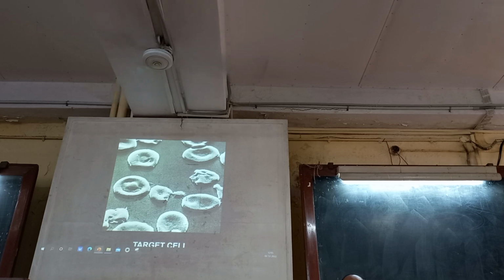It almost looks like when you shoot darts or bow and arrow, circles surrounded by circle, surrounded by circle. Bullseye. This target cell, that's why it's called target cell, it looks like a target of a dart game or a bow and arrow, is seen in a disease condition called thalassemia.